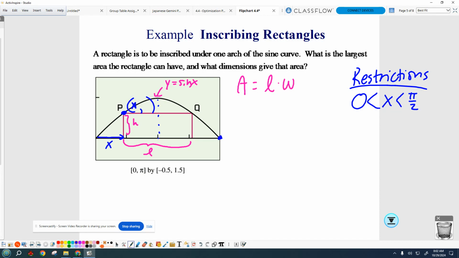If the X value is just X, what's the Y value where it hits that curve? The Y value is sine of X. So what is the height there?